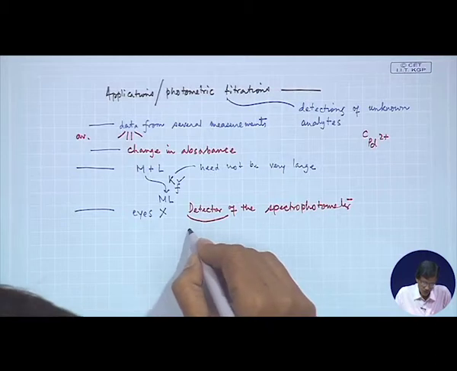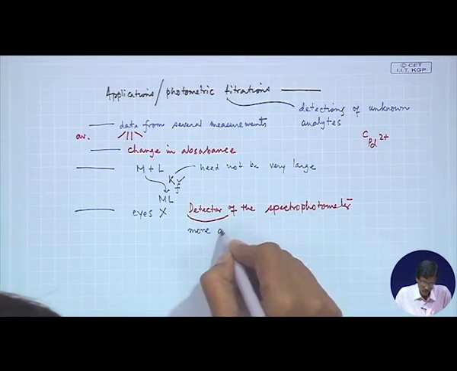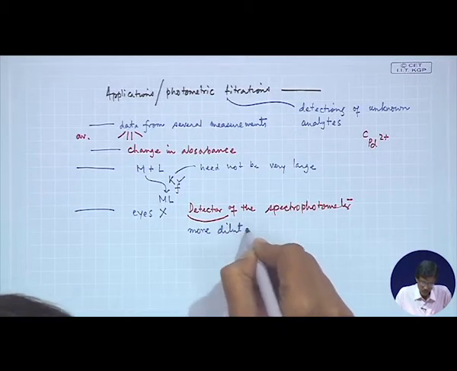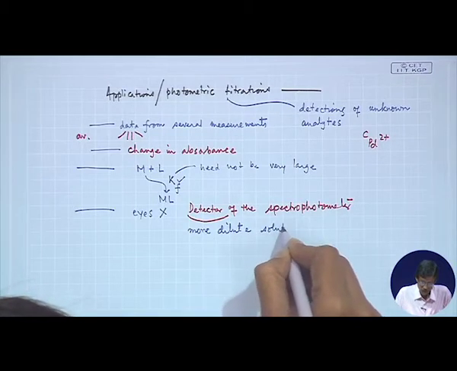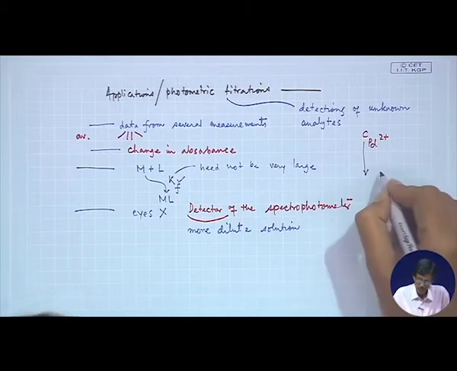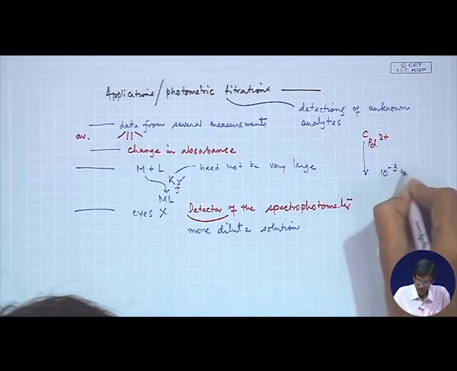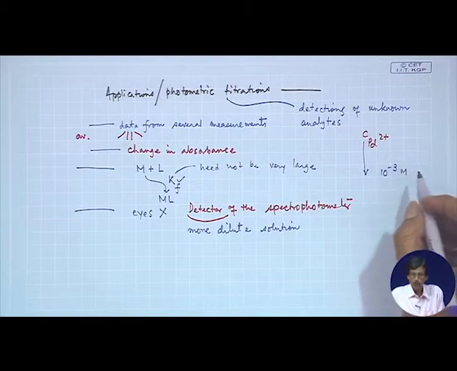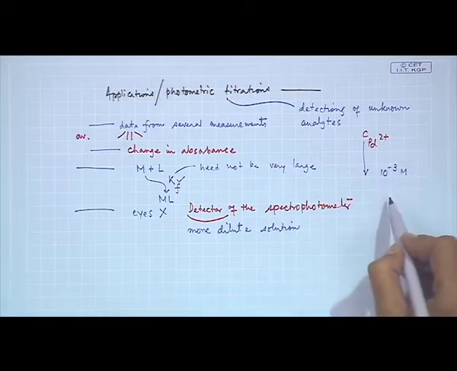So, we can use more dilute solutions. We can go down to a low concentration of, say, 10 to the power minus 3 molar, which we cannot do for the usual manual titrimetric methods.